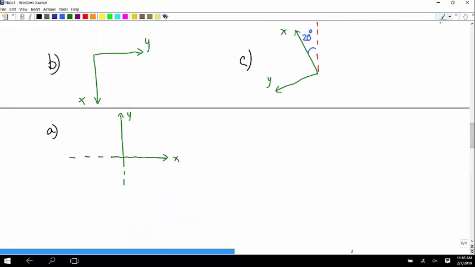So here's the vector. Okay, and we know that this angle is 20 degrees. And we know that the length of that vector is 10. So what's the counterclockwise angle to go from the positive x-axis of this coordinate system to the vector?